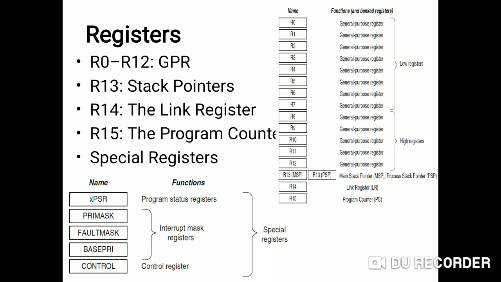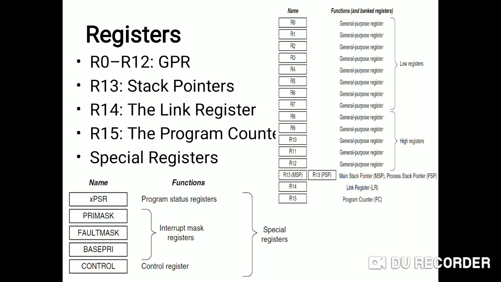Next are special registers. The Cortex-M3 processor has a number of special registers. They are as follows. First is the program status register, that is PSR. Next is the interrupt mask registers, which include PRIMASK, FAULTMASK and BASEPRI.